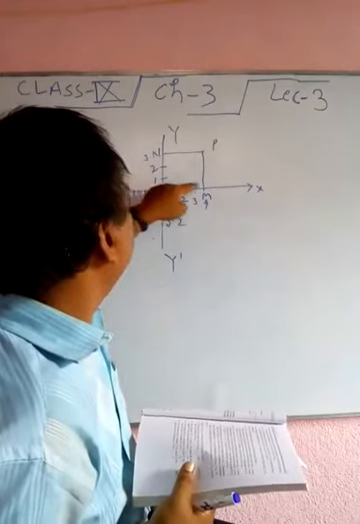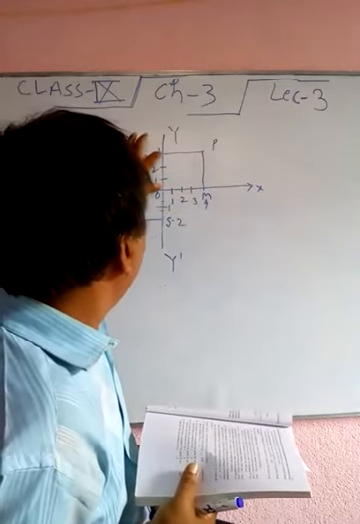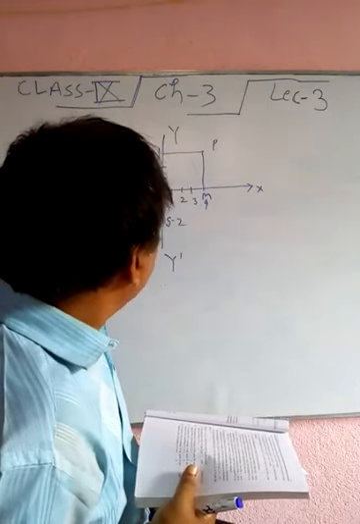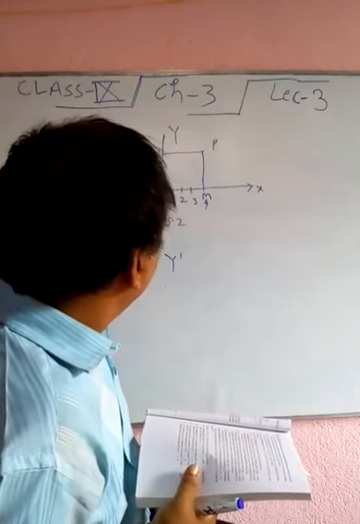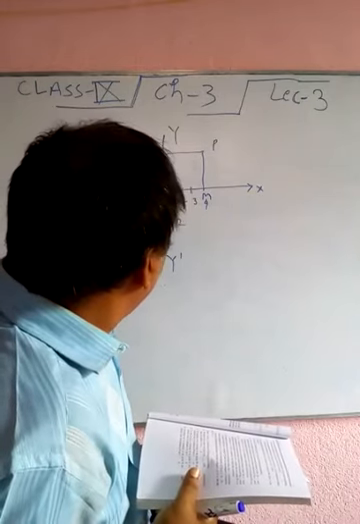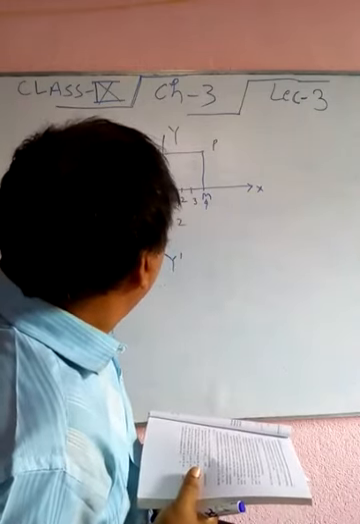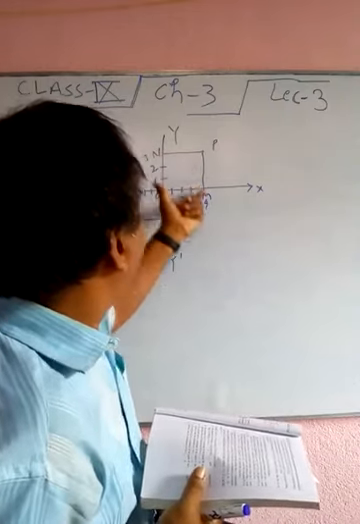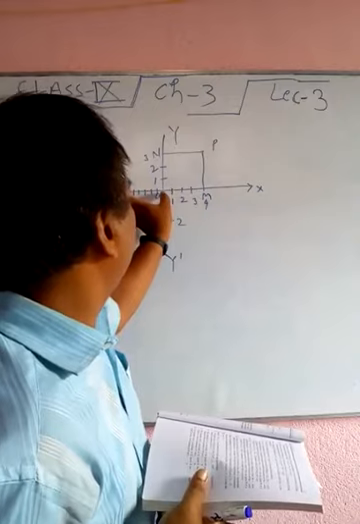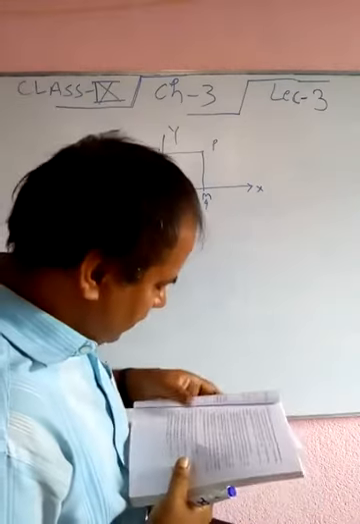So along the x-axis, you measure upside, that is the positive direction, and downside, this is the negative direction. Here it is the x coordinate in the positive direction, and here it is the x coordinate in the negative direction.